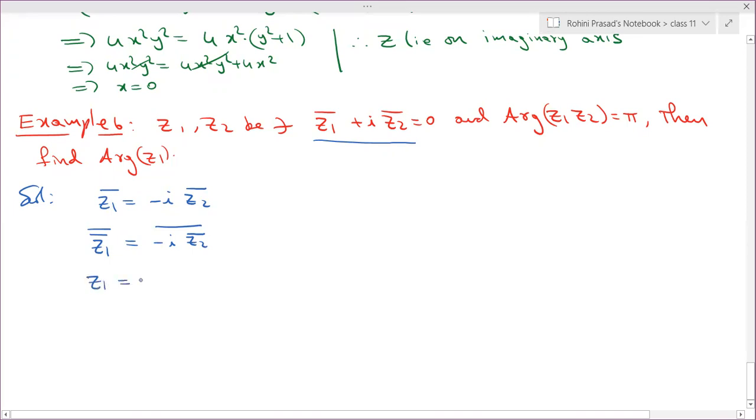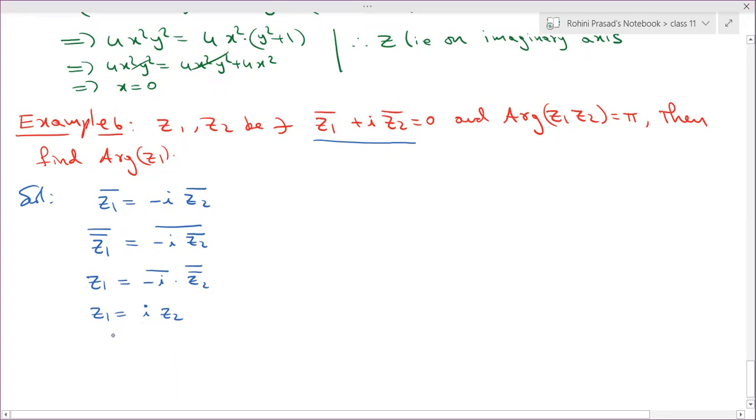This is Z1 equal to conjugate of minus i into conjugate of Z2 bar. The property is conjugate of Z1 Z2 is equal to conjugate of Z1 into conjugate of Z2. So Z1 equal to conjugate of minus i, which is i, conjugate of Z2 bar is Z2. So you got Z1 equal to iZ2.